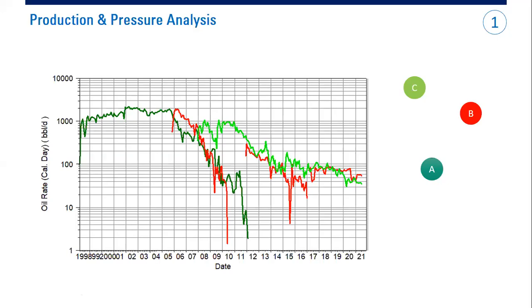After shutting in well A, you can see there is no longer production from A here. We can see the decline rate from B and C becomes lower.